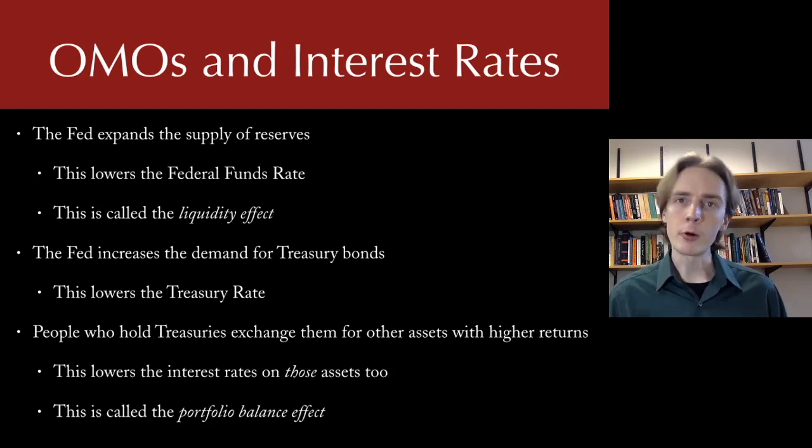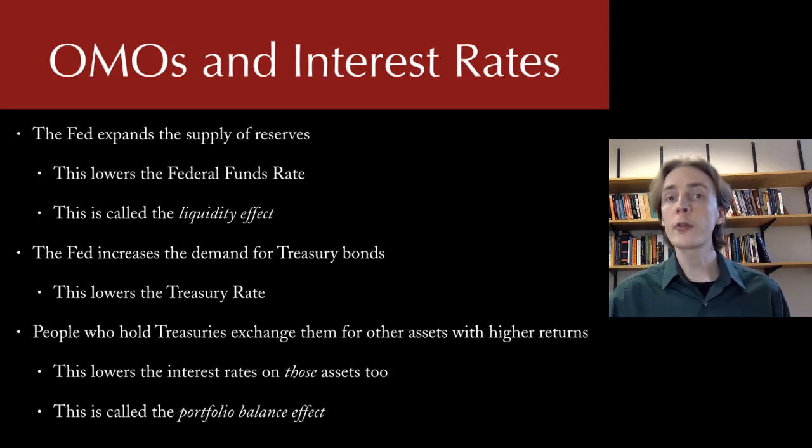When people arbitrage differences in interest rates and rates of return, this is going to spread interest rate changes out from the federal funds market, out from the treasury bond market, into other kinds of assets as well.